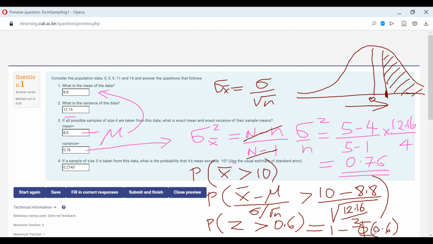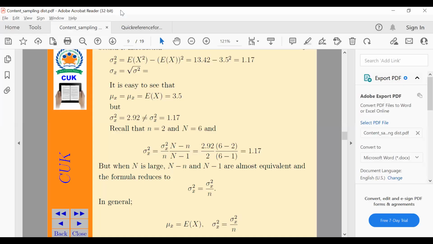So I can write it on this side, if you don't mind. So this will be 1 minus, going to the statistical tables, 0.6. I'm looking for those tables. Where are they? Maybe here. I think I should have them somewhere.